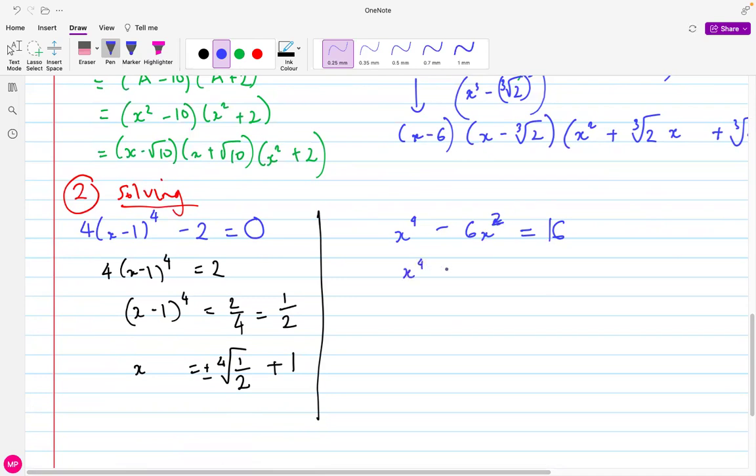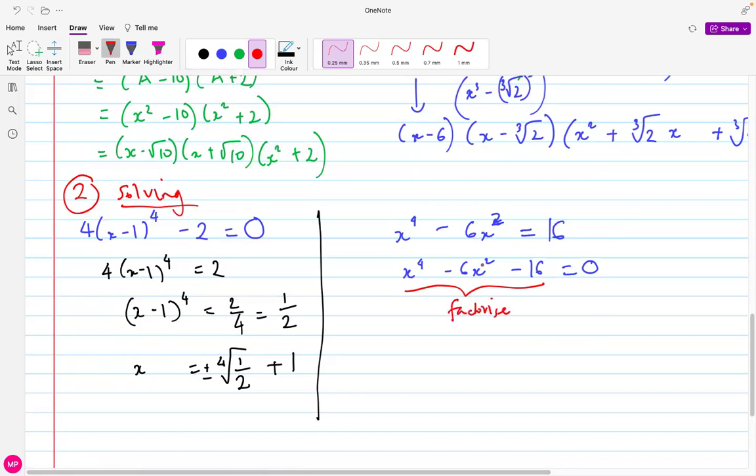So x to the 4 minus 6x squared minus 16 equals 0. You always need to make sure one side equals 0 before you move on. Then you look at this and say, oh, this is a quartic, and it has 3 terms, x to the 4, x squared, and the constant. So I know that I have to factorize.